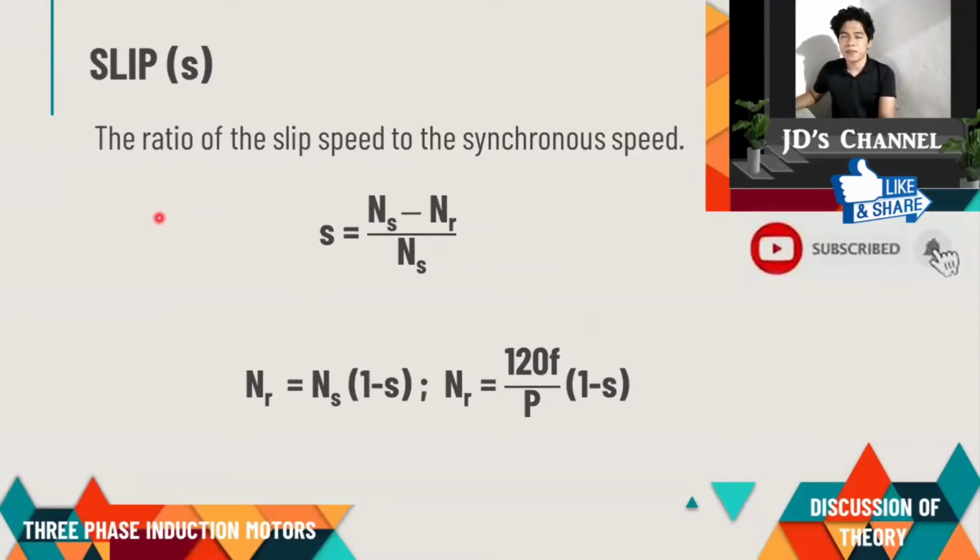Since our slip speed is N sub S minus N sub R, the slip is N sub S minus N sub R over N sub S. To get N sub R, we can use N sub R equals N sub S times 1 minus slip, and also N sub R equals 120F over P multiplied by 1 minus S. So that is for the slip and our formula for N sub R.